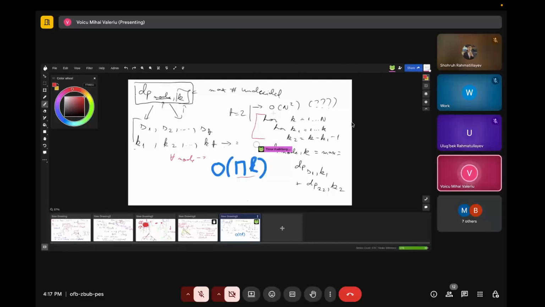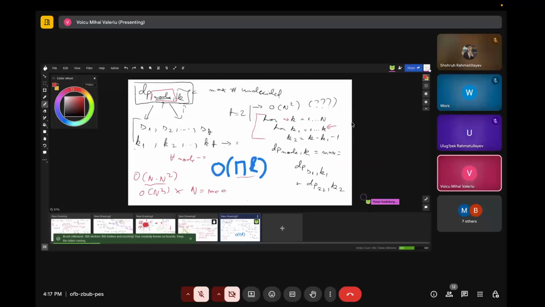A very naive analysis of this complexity would be that we have a for loop up to basically n, another for loop up to k, and because we have to do this for every single node in every single subtree, we would have O of n times n squared, which is O of n cubed, which is not good for n equals 10,000. Technically, this is like n choose 2, but constant factors do not matter.